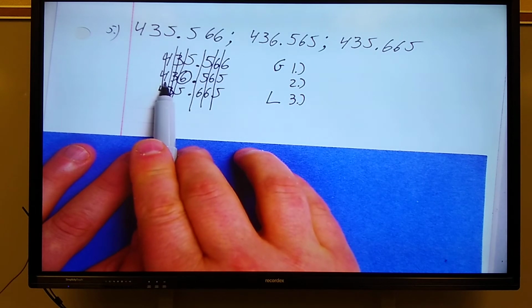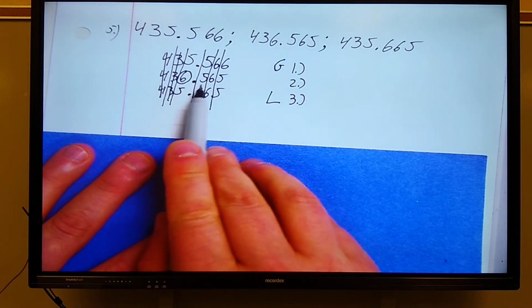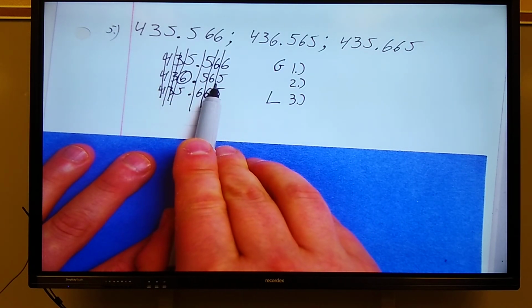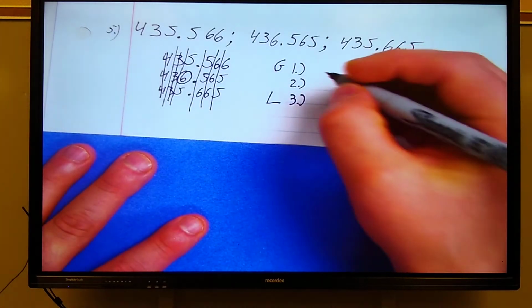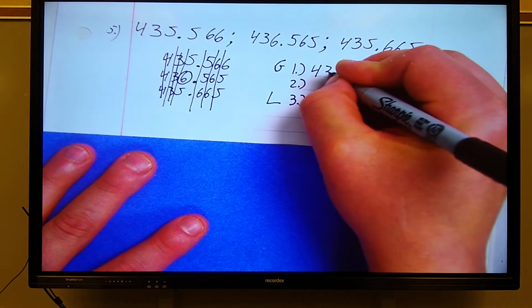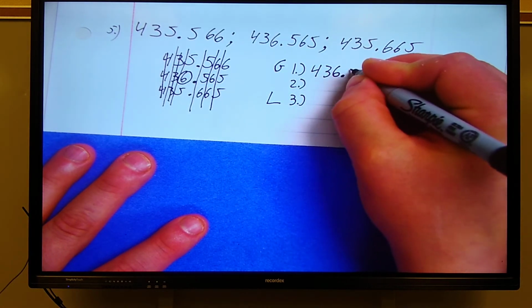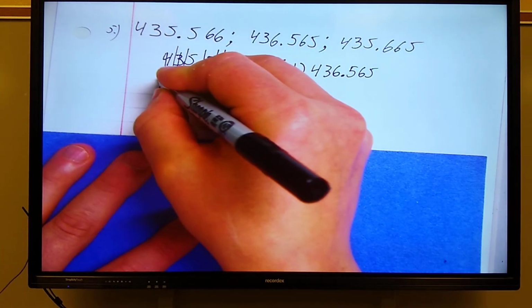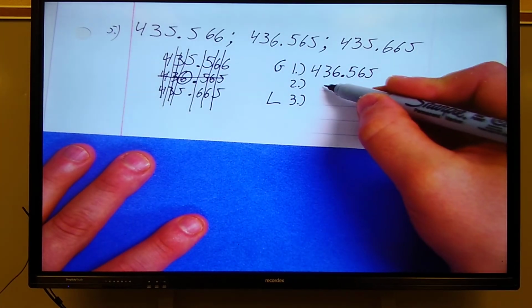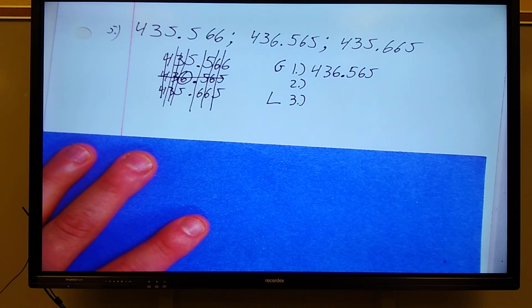That means 436 and 565 is my greatest number. 6 is bigger than both of the 5s here. So let me write that here so I will be finished with it. Done with that number.